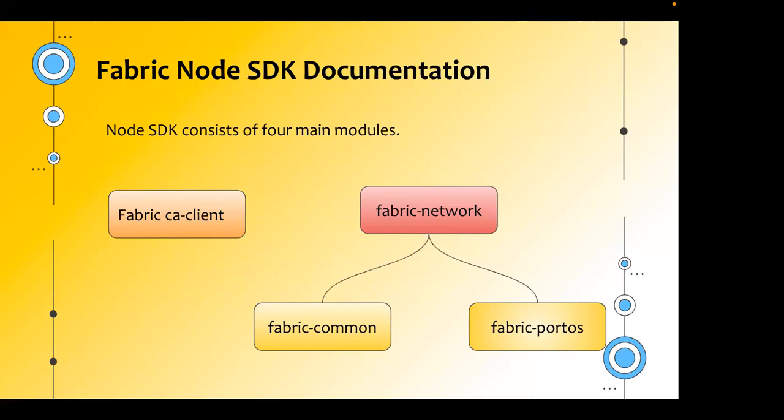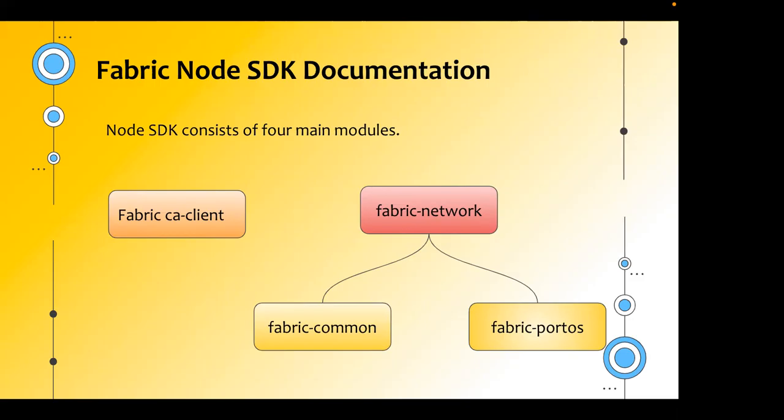Majorly, as you know, Node works on modules, right? So you will find four modules: Fabric CA client and Fabric network. When you install the Fabric CA client and Fabric network, only those two major modules will be installed in your system, and common and protos will come by default along with the network.